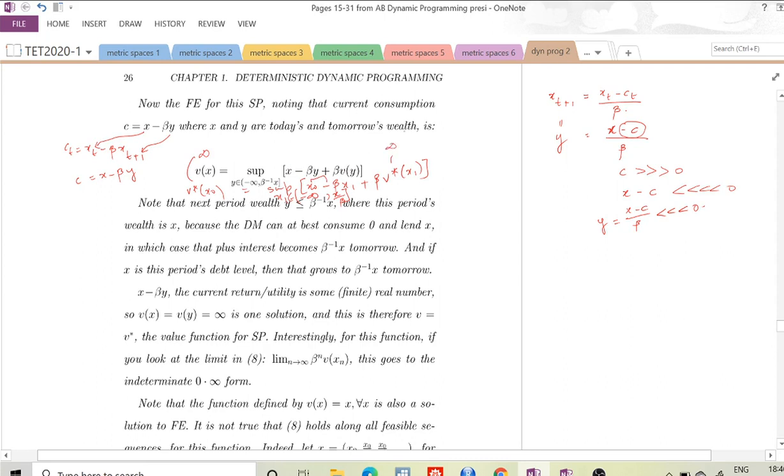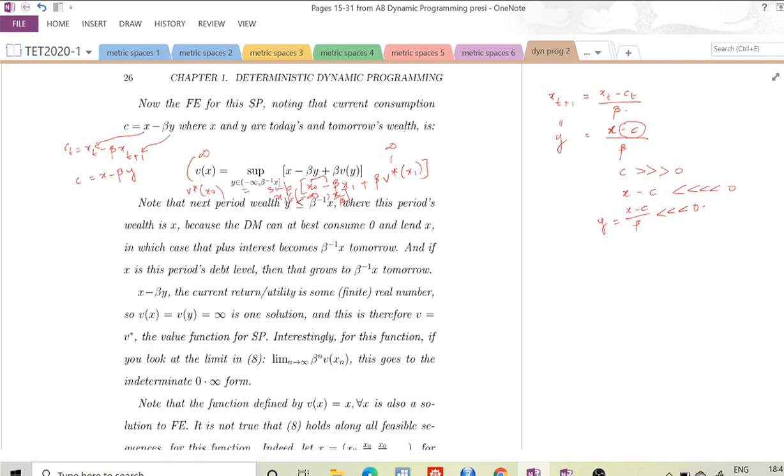So, I hope you'll permit me to say infinity is equal to infinity because I'm using here the set of extended real numbers. Okay. So as expected, theorem 2 goes through, right?